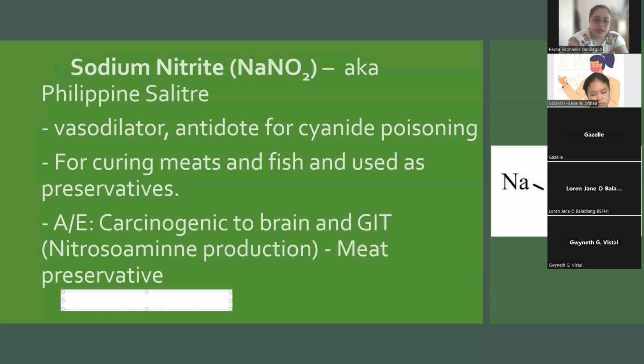Aside from its unilateral, this is unilateral ha, there is also the presence of aura. Before ka mag-migraine, you will really know na you will have one. Ano yung aura na yan?